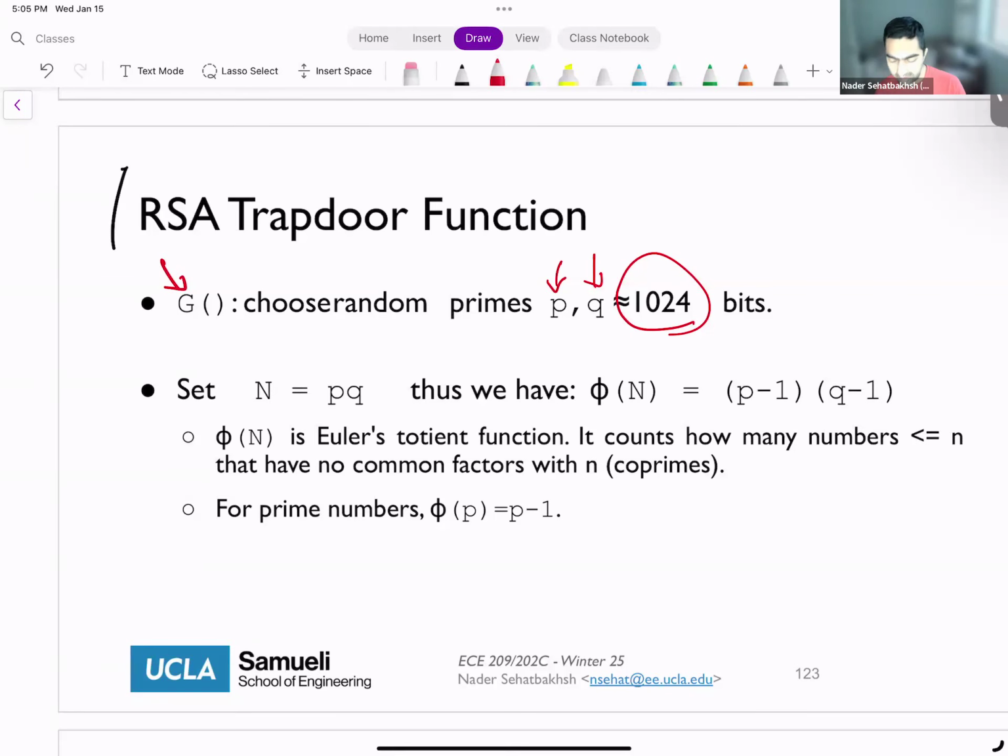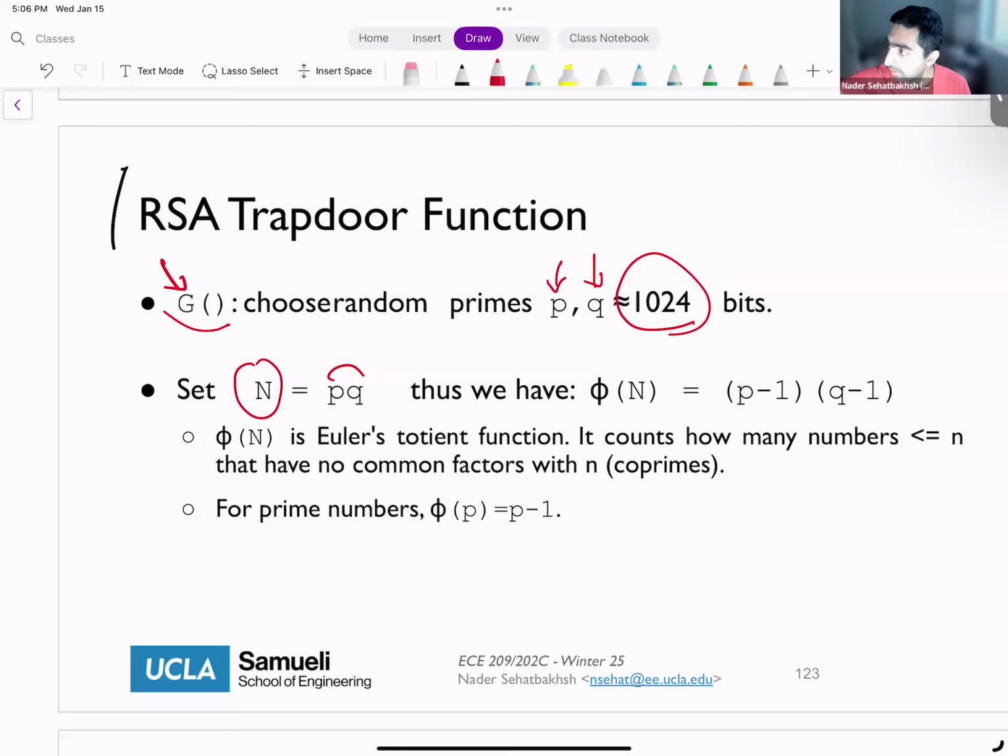So these are very, very large prime numbers. G of S basically picks two very large prime numbers as the output of the G function, and as I said, this is random. So if you query G multiple times, it gives you different prime numbers, but these prime numbers have to be very large. Once we have P and Q, we multiply them together, and that gives us N. N is a very important aspect of the RSA trapdoor function.